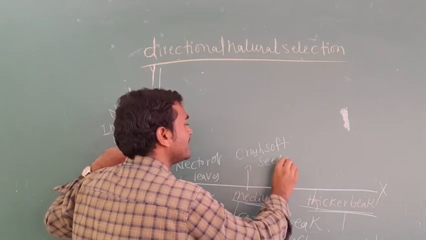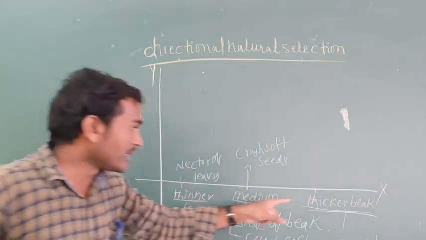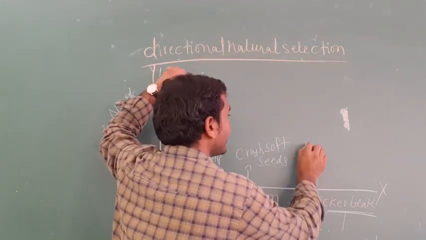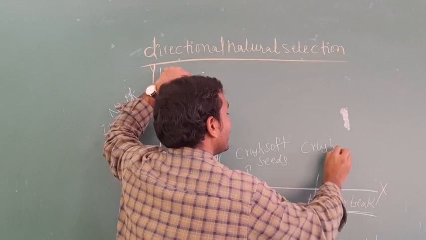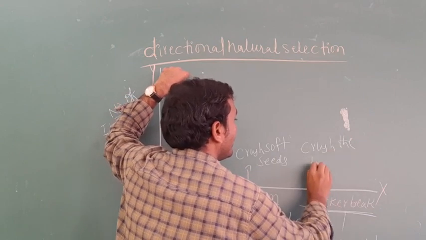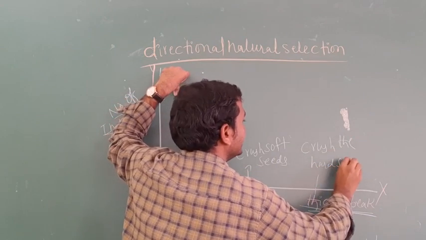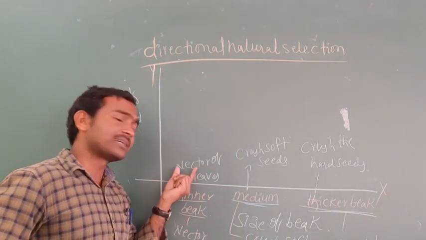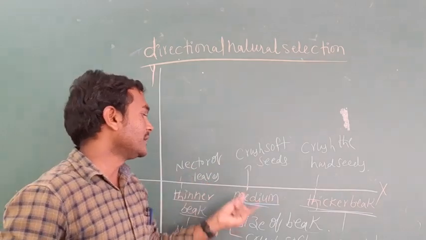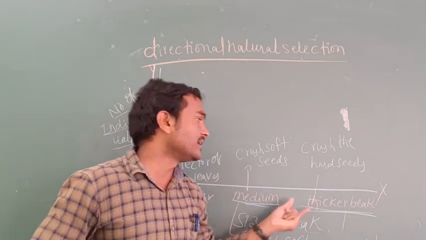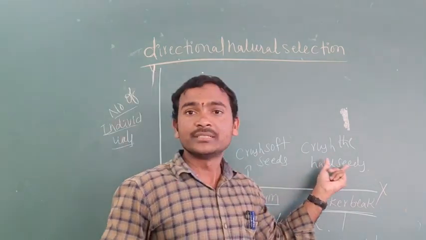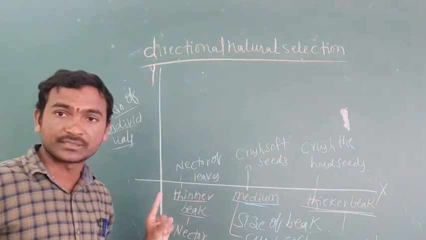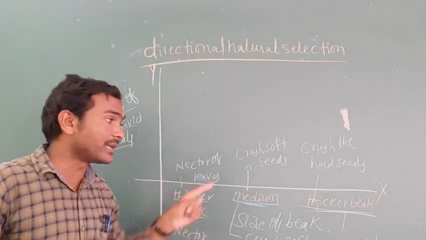The thicker beak ones crush the hard seeds. The thinner one collects food from nectar, the medium crushes soft seeds, and the thicker crushes hard seeds. These are the three types of finches by beak size on the x-axis.